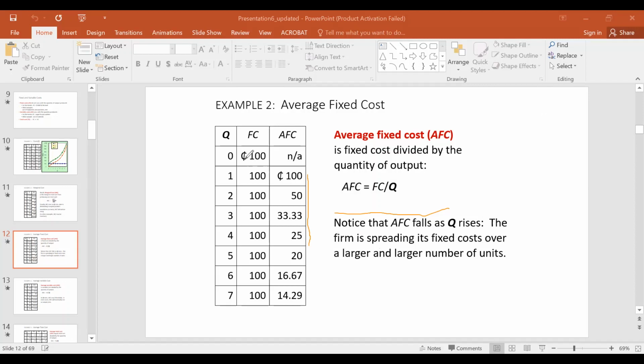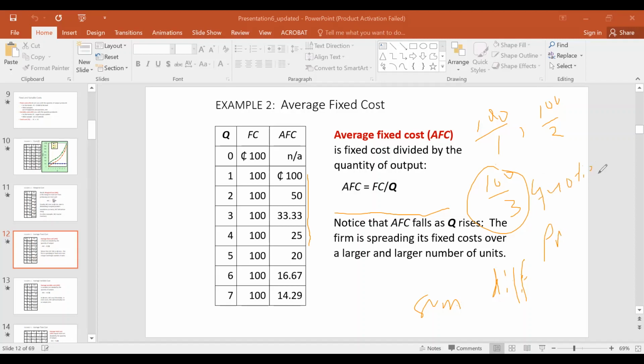The same number here, 100, is being divided by 1. Later, the same fixed number is divided by 2. The same fixed number is divided by 3. Check out, the denominator is increasing. So you are spreading a fixed number over an increasing unit. Of course, when the denominator goes up, the entire quotient falls. We call the result of division the quotient. You know sum, you know difference. Sum means addition, difference means subtraction, product means you are multiplying, quotient means you are dividing.